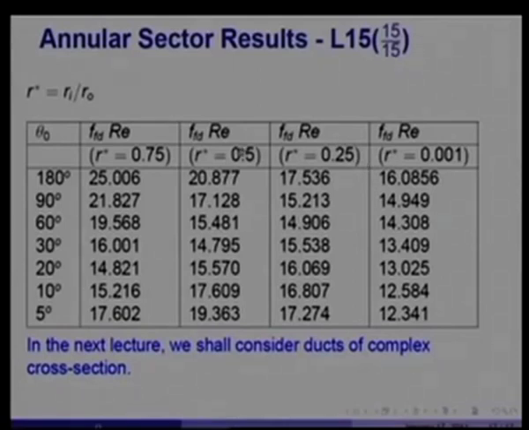So, these ducts, the annular sector family as well as the rectangular duct family, are amenable to relatively easy solutions using Fourier series. However, nowadays with extremely compact heat exchangers and extremely compact electronics, for example, the flow passages are so miniaturized that the compactness requires that the ducts are often highly squashed or curved.